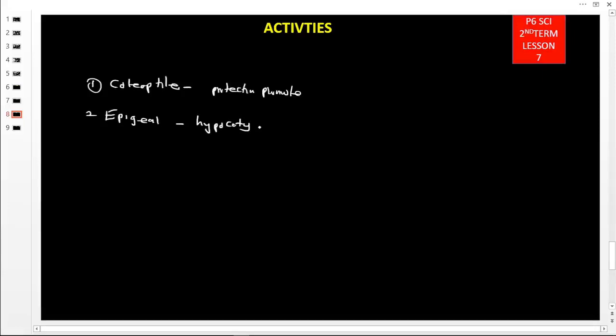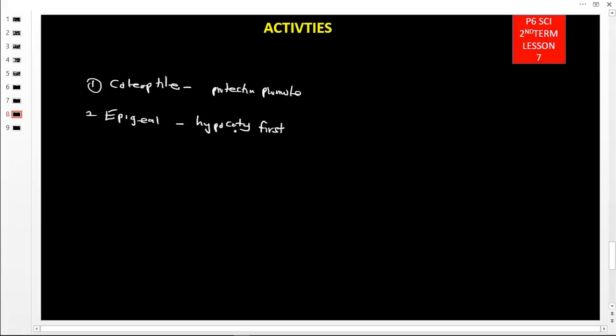Before getting into the activity, there are some notes I want us to make. Note 1, the coleoptile covers the shoot of the monocot seed when it is germinating, in order to provide protection. This one provides protection to the plumule or to the leaves in hypogeal germination. With epigeal germination, we said the hypocotyl grows faster, so it develops fast.